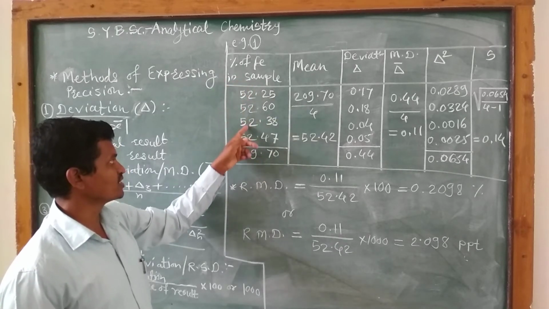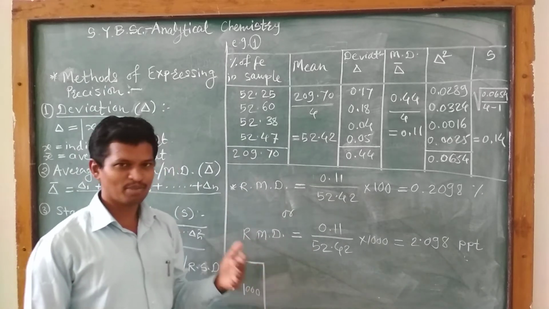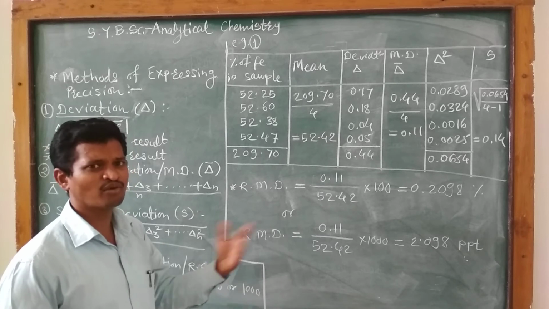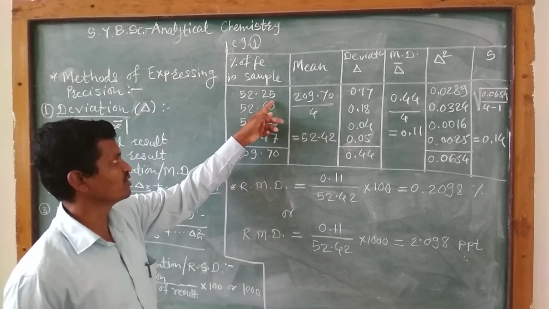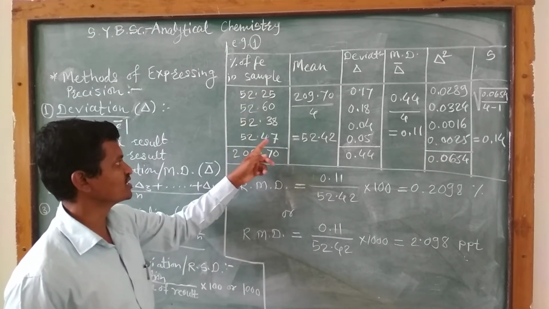There are 4 samples, or we can say the sample is only one, but different people have taken different observations and found 4 different results. The first one is 52.25 percent, 52.60, 52.38, 52.47.